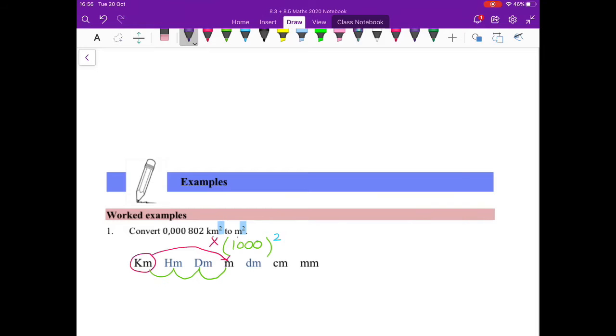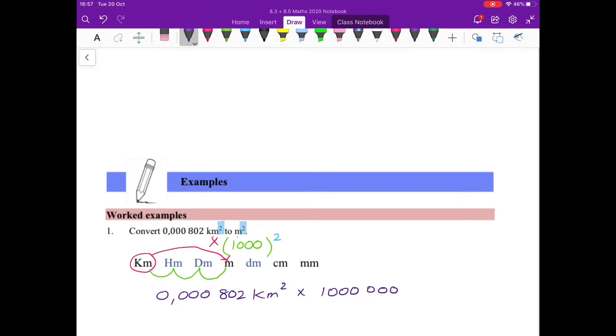So we are going to take 0,000,802 kilometers squared, and we're going to multiply by 1,000 squared. If you did it on your calculator, that's what you would get.